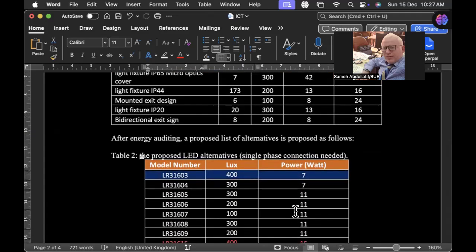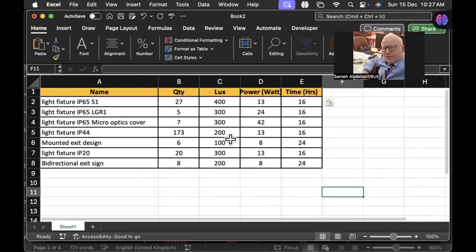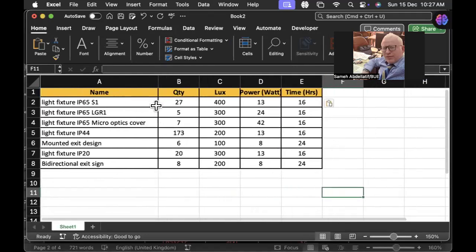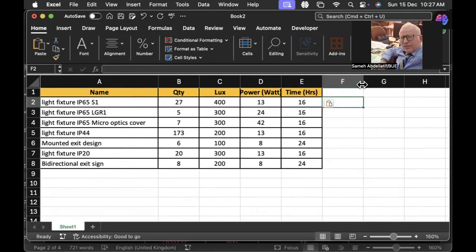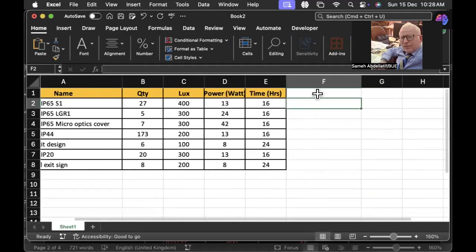Let's see. So my alternative now, let's go to this direction. I need to replace this one with another one. So let me copy this and put it here.